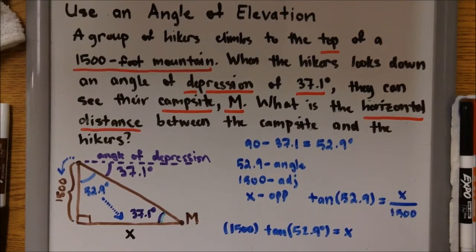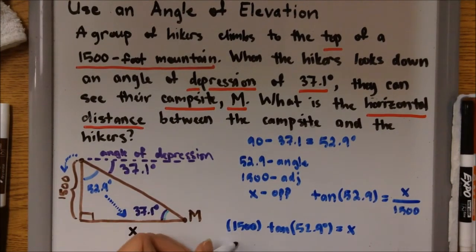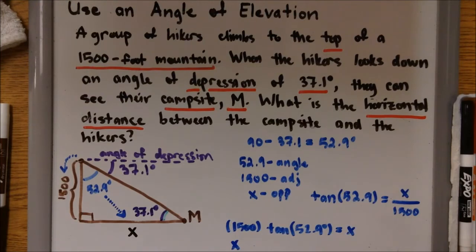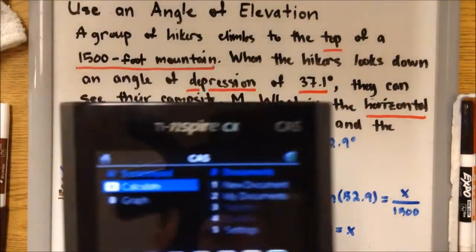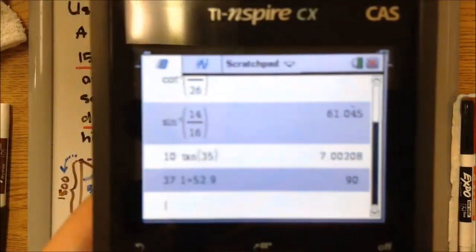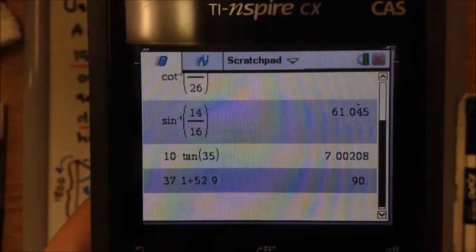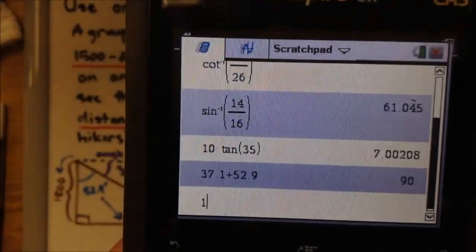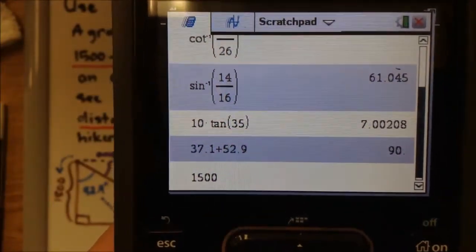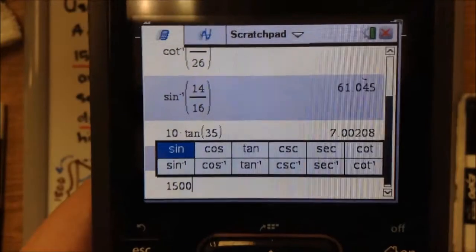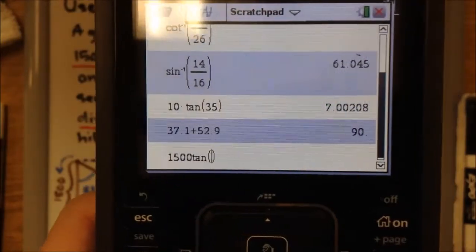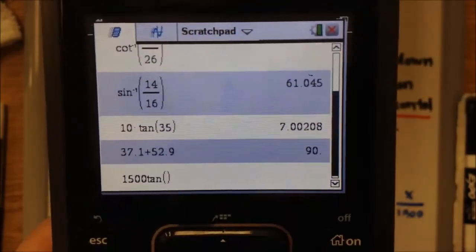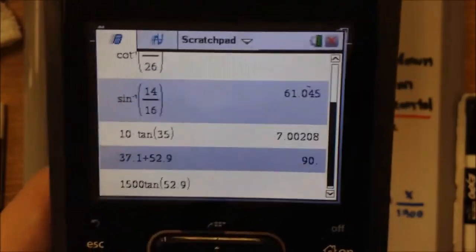I'm going to move a little bit up. So we're going to find the value of x. So I'm going to type this into the calculator. And of course, always check that you're in degree mode since we're working in degrees. So I'm going to put 1,500, hit trig, go to tangent. Then type in our angle, so 52.9.